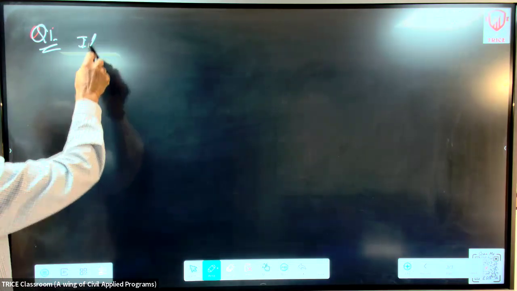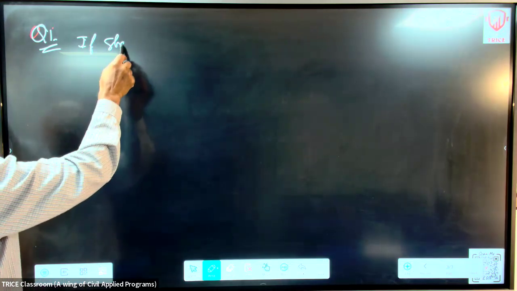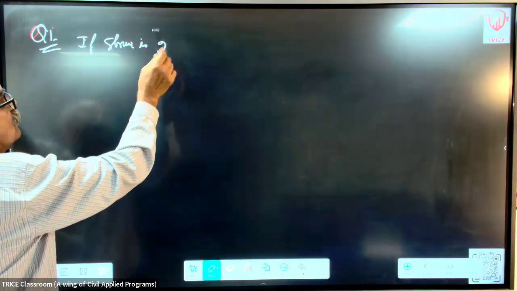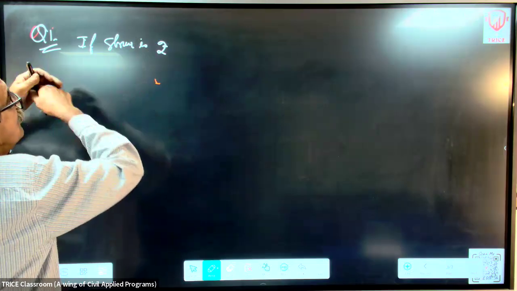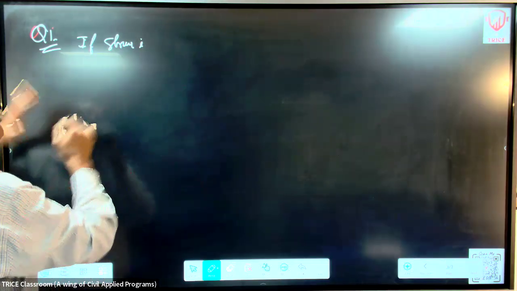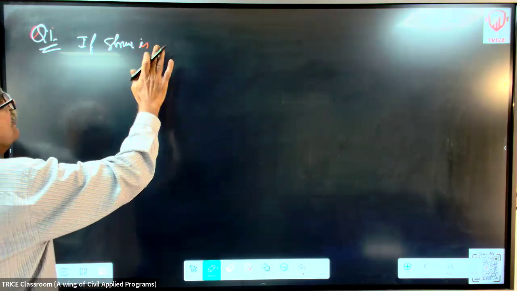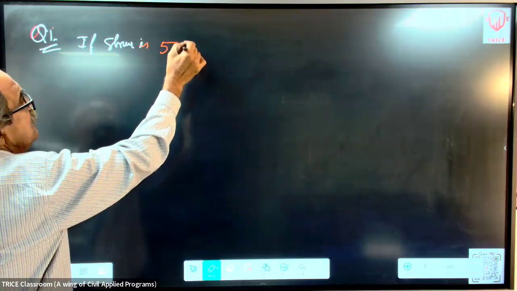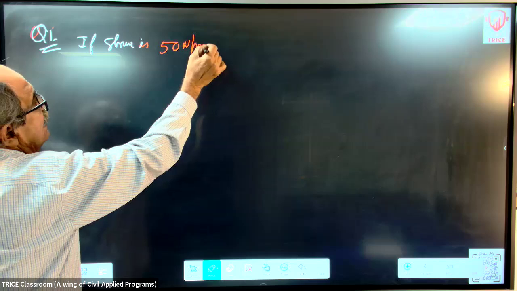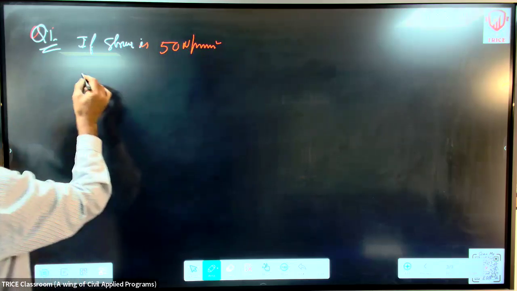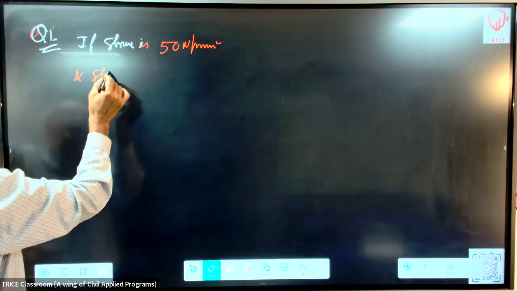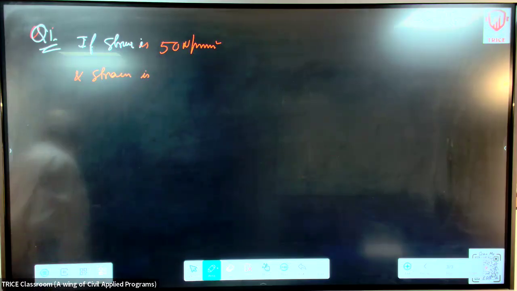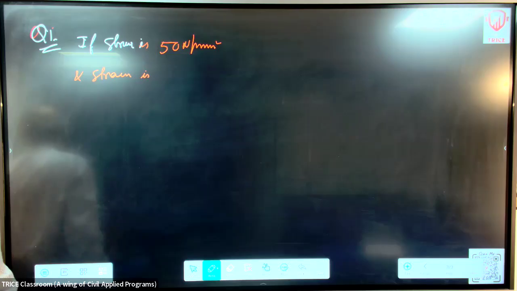If stress is 50 Newton per mm square and strain is, calculate.